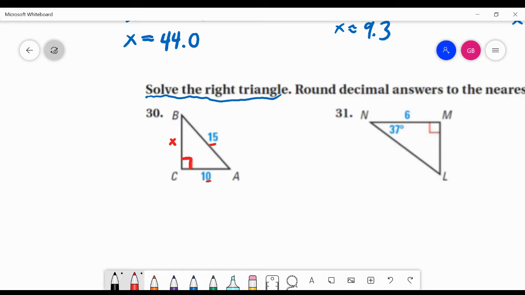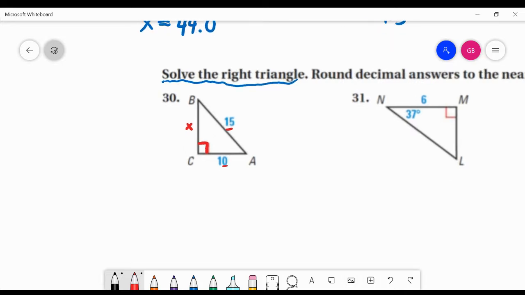There's many ways we could solve for it. Since it's a right triangle, we could actually use Pythagorean theorem. So x squared plus 10 squared is equal to 15 squared. Then subtract 100 from both sides.